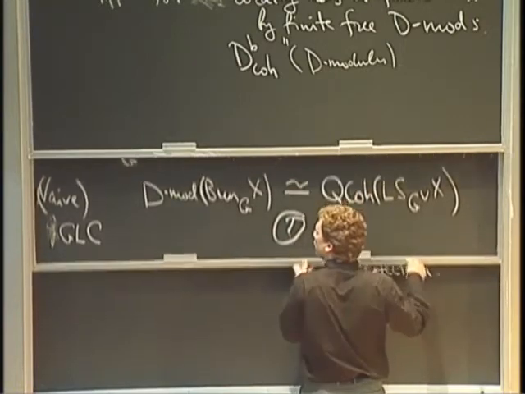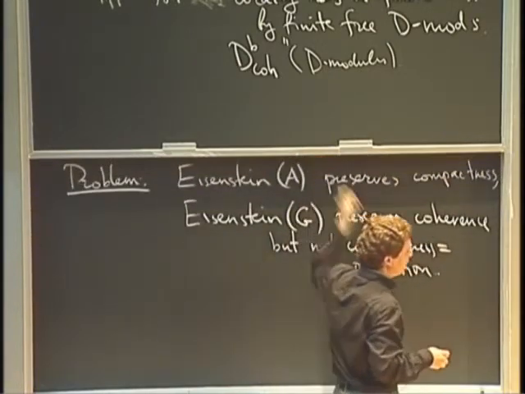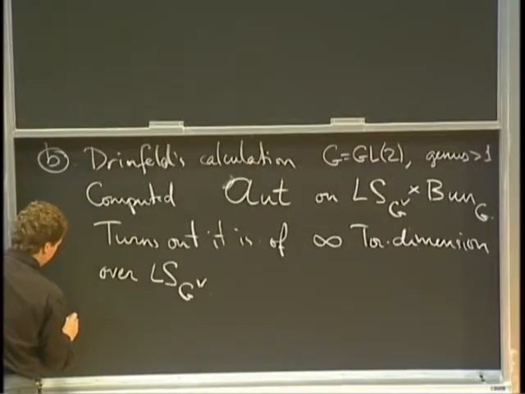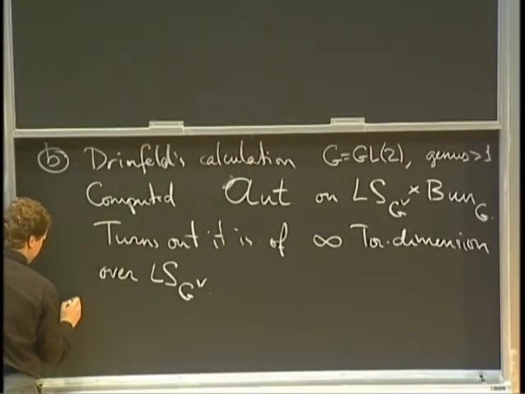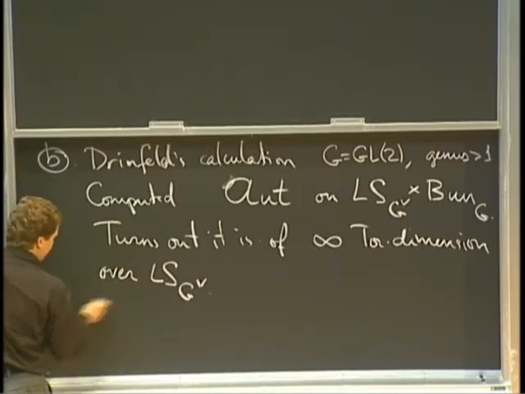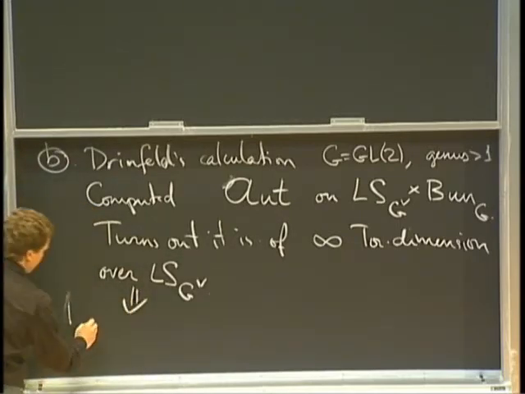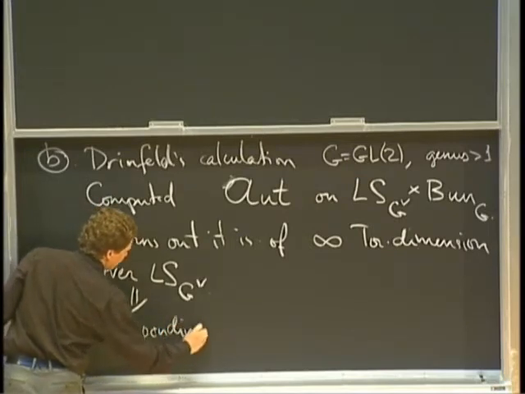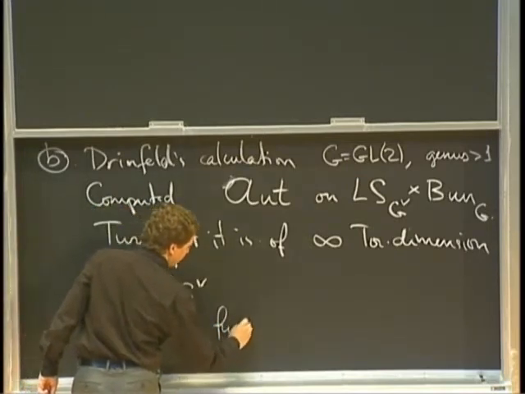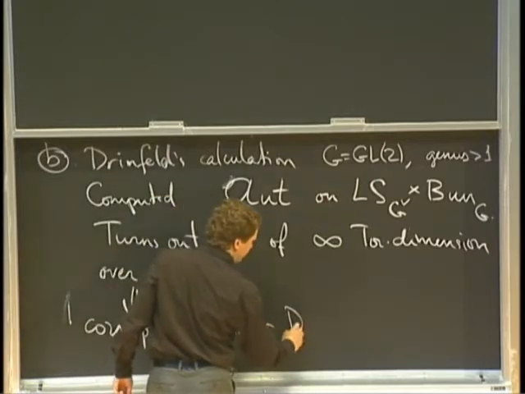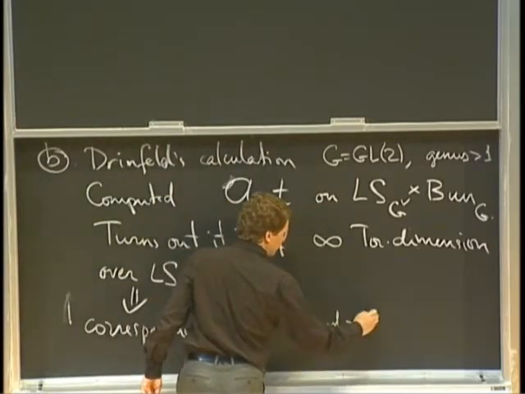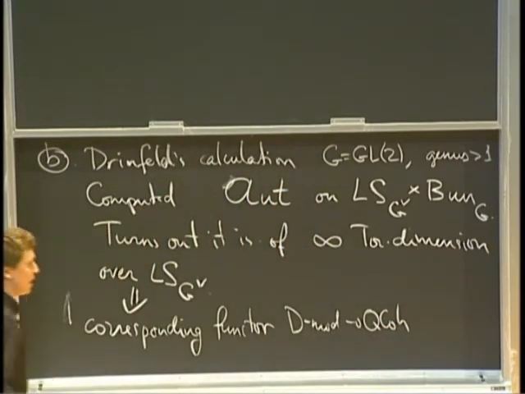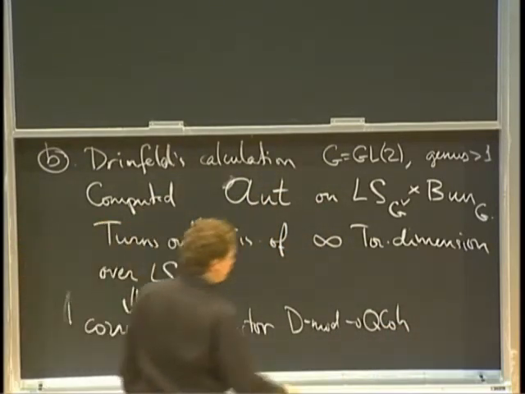For this reason, it follows that the corresponding functor from D-modules to quasi-coherent sheaves messes up compactness.